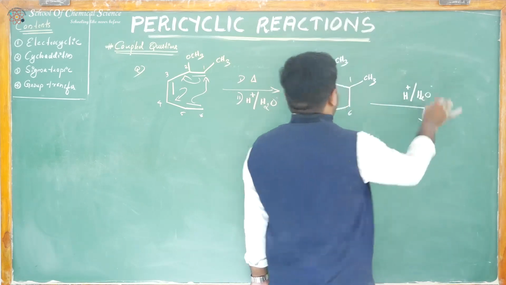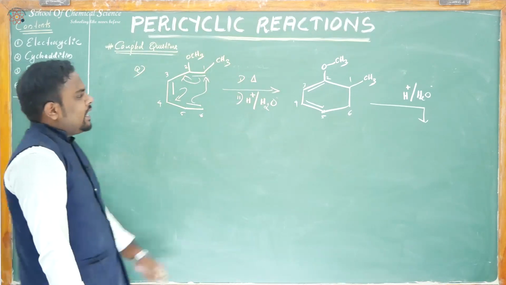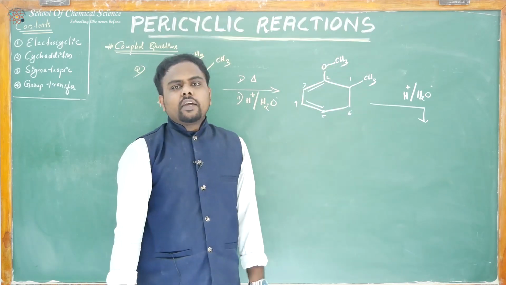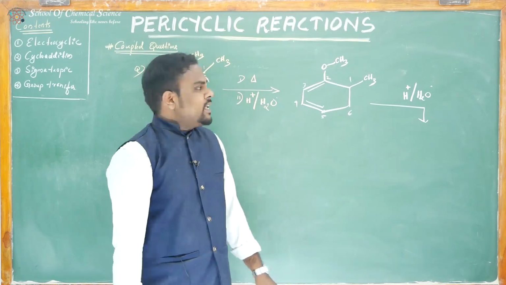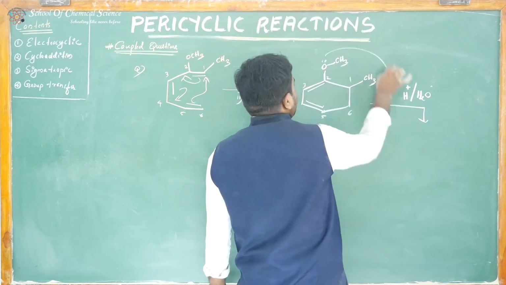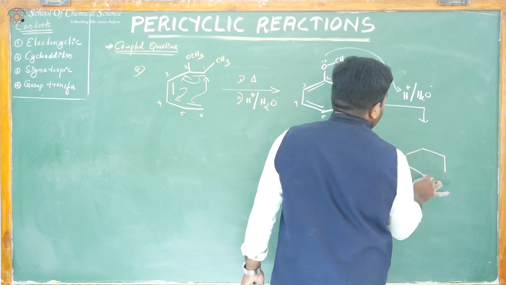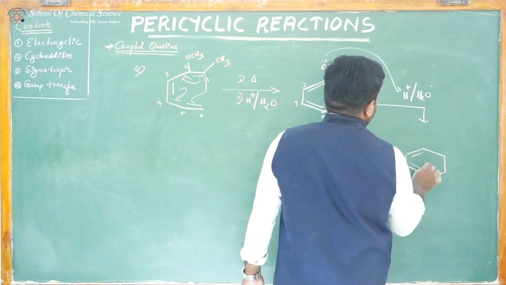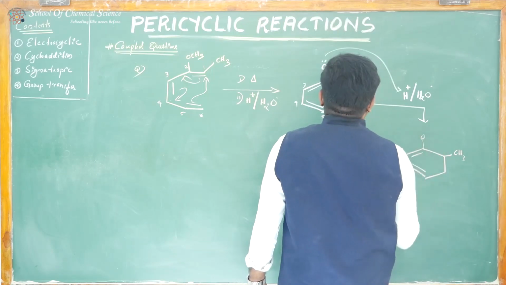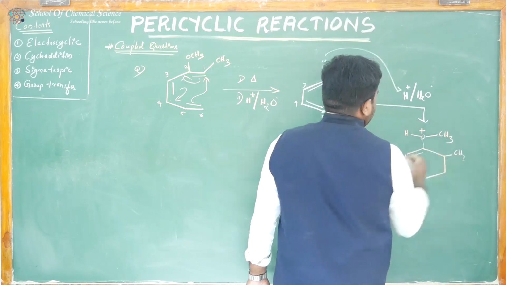What is the reaction? H plus, H2O. Here a vinylic ether is present, a carbon-carbon double bond followed by OR. Under hydrolysis, the lone pair on oxygen will attack the H plus. So in the next step you will get CH3 as such, here O H plus CH3.